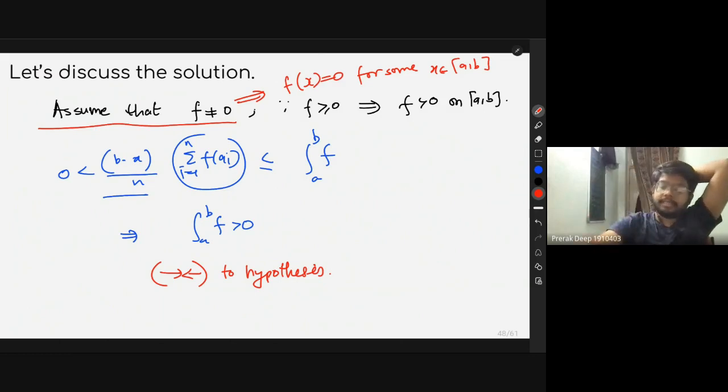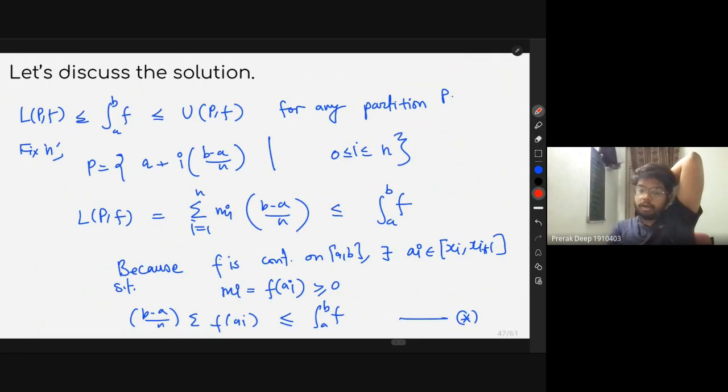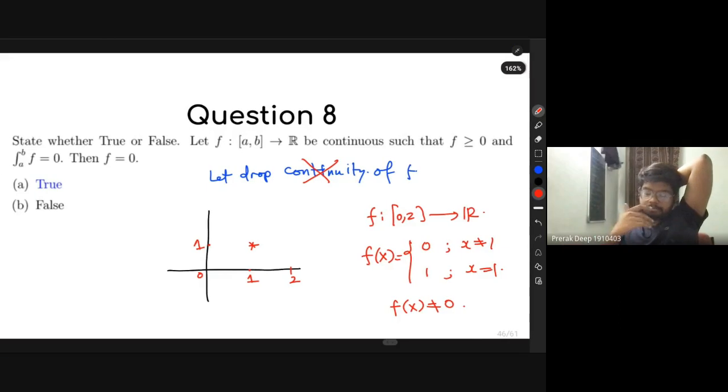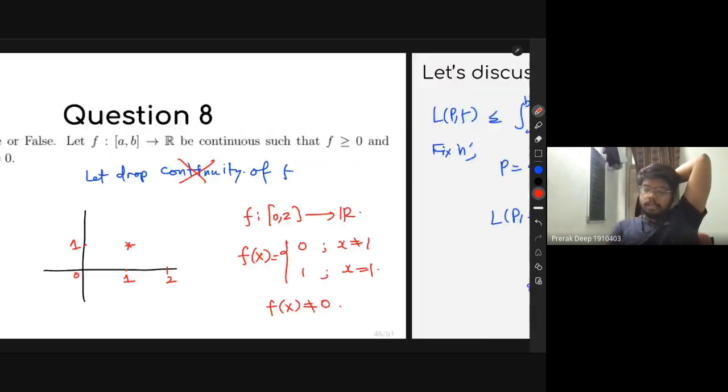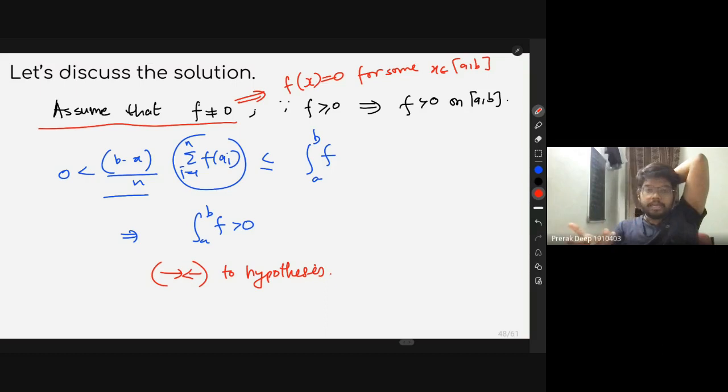So we need to do some extra work still to prove that it is zero on the whole domain. So I leave that part to you guys to think of. Okay. If it is not clear to you, we can discuss it in the next discussion as well.